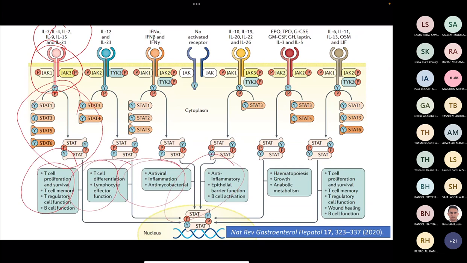cellular functions. In fact, the JAK-STAT system plays a role in immunity, inflammatory bowel diseases, and cancer. We have many conditions that are related to the JAK-STAT system or treated with JAK inhibitors. For example, a JAK inhibitor, tofacitinib, is used for management of rheumatoid arthritis.